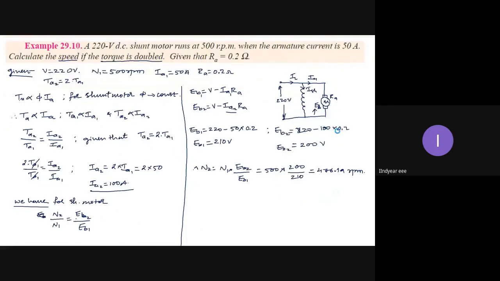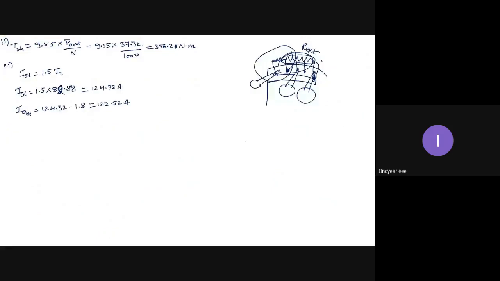So what I have in my armature circuit is this: 500 volts I have applied. This is R external, which is in the starter, in series with the armature.